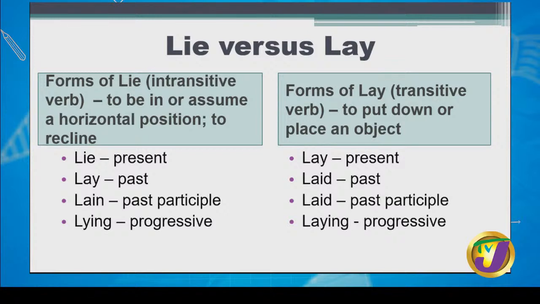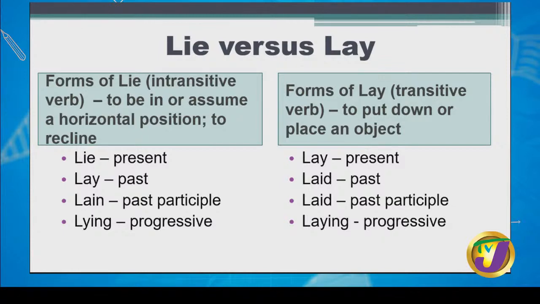So when you recline, when you assume a horizontal position, or when you are in that position, you are L-Y-I-N-G. And look at the different forms now. So you have lie, which is present. The past tense of that is lay, and this is where the confusion comes in many times. The past participle is L-A-I-N, lain. And then, of course, the progressive form is L-Y-I-N-G.